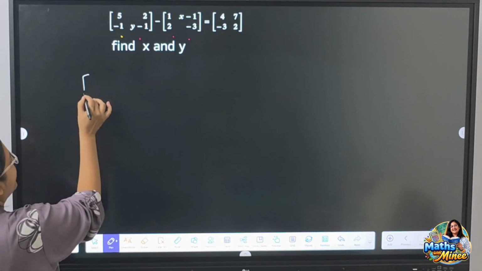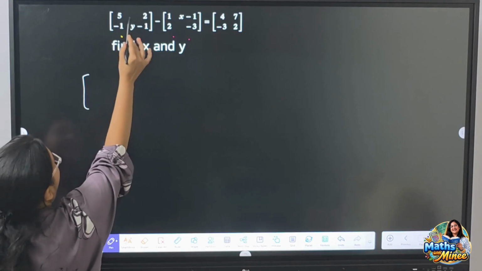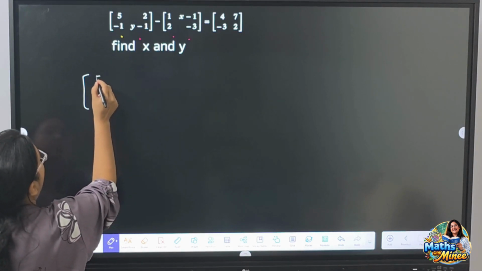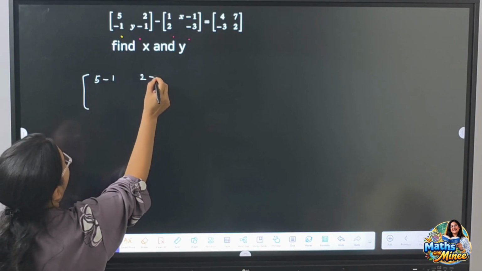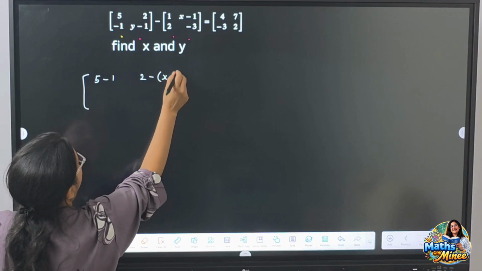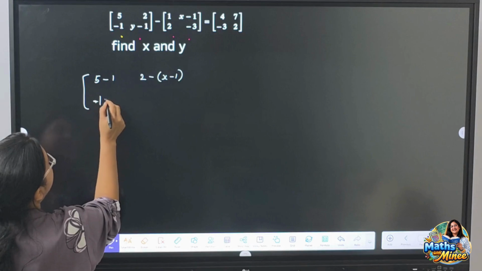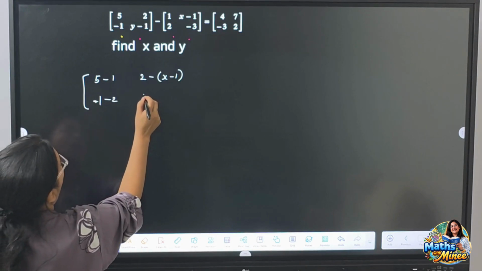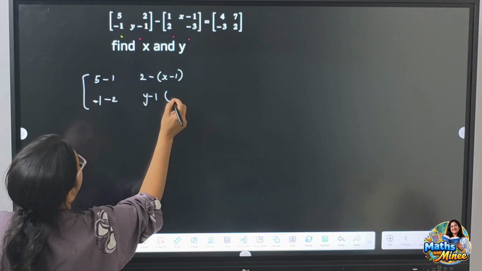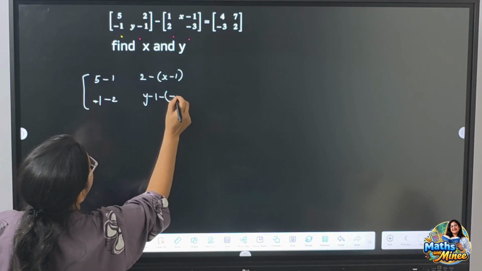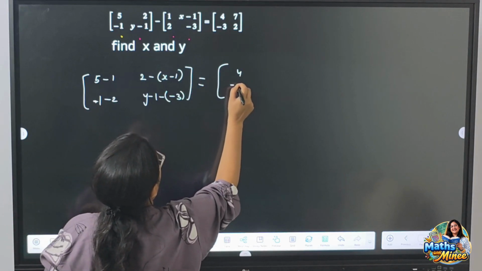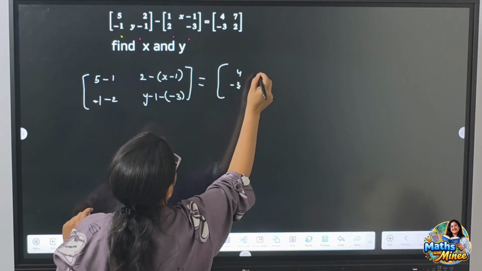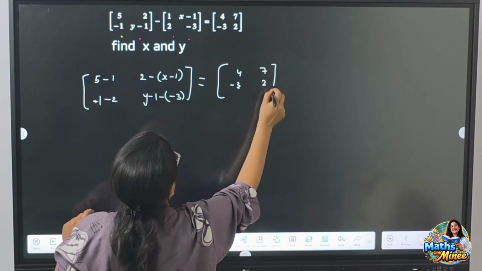Now as the subtraction is possible, can I directly write 5 minus 1, 2 minus x minus 1, minus 1 minus 2, y minus 1 minus 3 is equal to 4 minus 3, 7, 2.